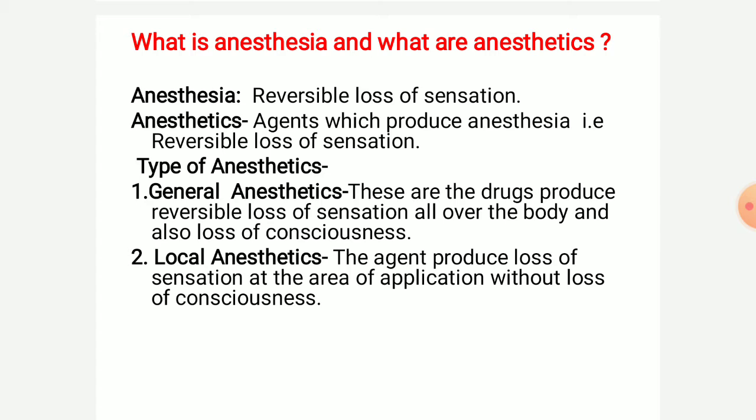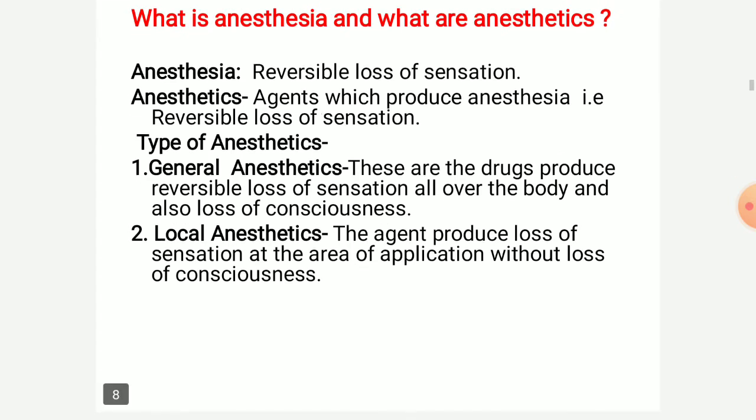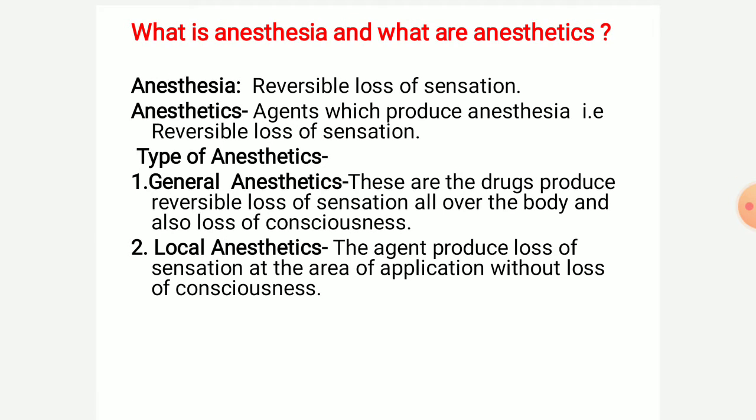Then there are two types of anesthetics, that is general anesthetics and local anesthetics. General anesthetics means the drugs which produce anesthesia all over the body and there is a loss of consciousness, whereas local anesthetics means the agents which produce loss of sensation at a particular area without loss of consciousness.